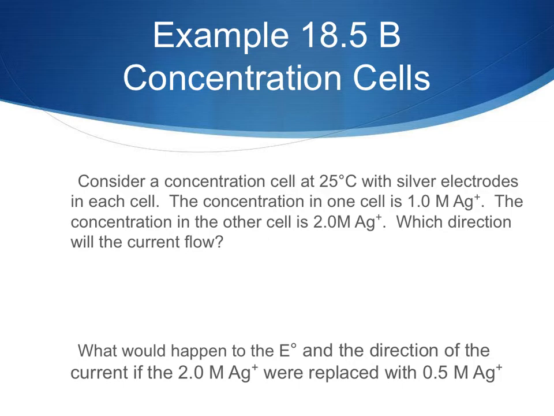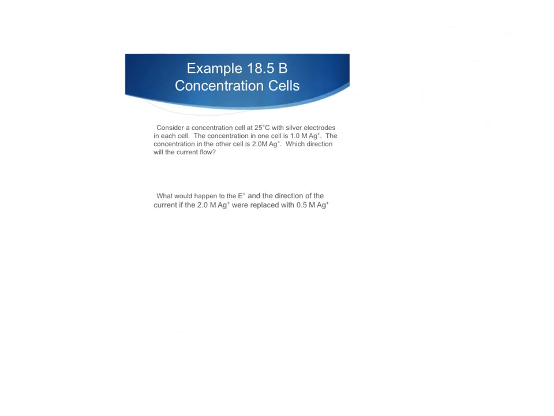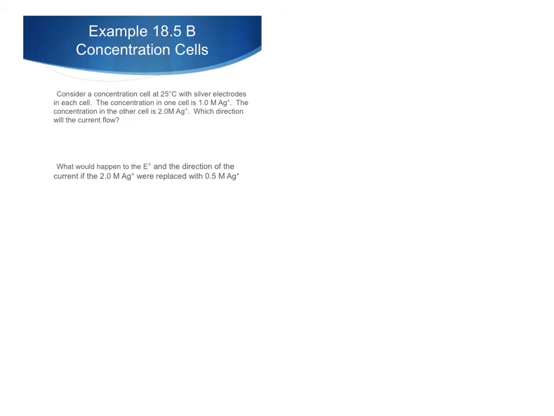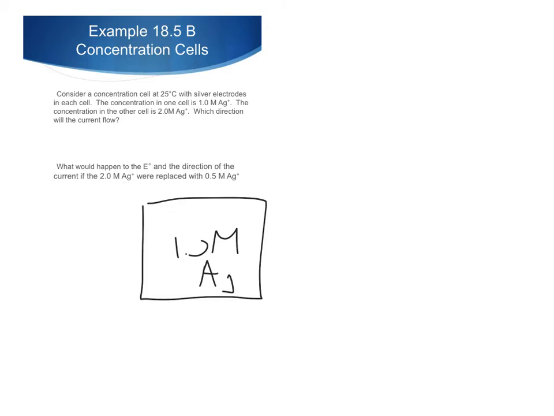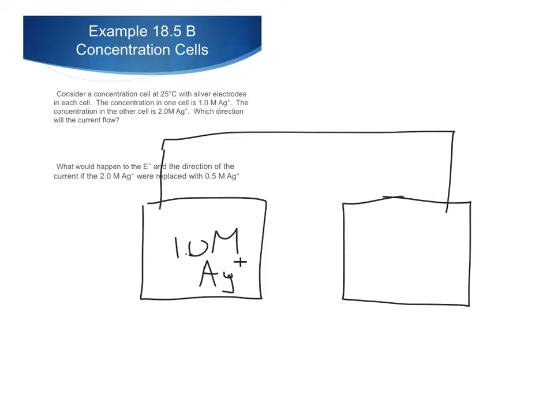So here's another concentration cell with silver. If we had 1 molar silver and connected that on the other side with a beaker that was 2 molar silver, what would happen?